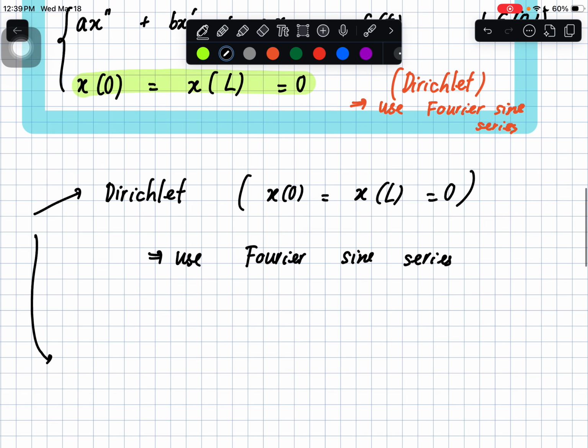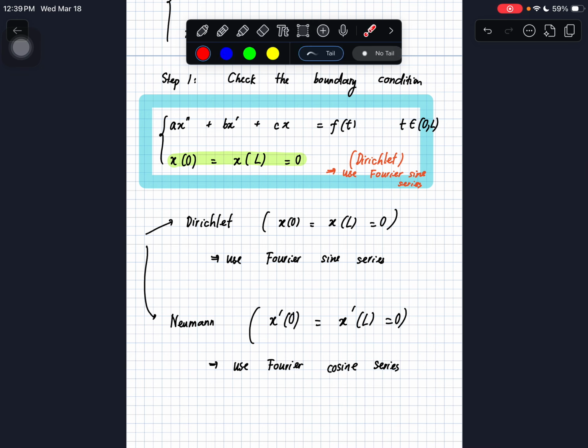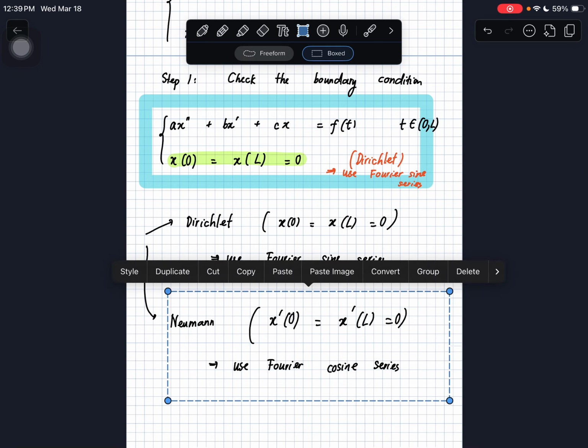If we have Neumann condition, which is x prime at 0 and x prime at L equal to 0, we use Fourier cosine series. In this example, we have Dirichlet condition. Let me do it for Fourier sine series.